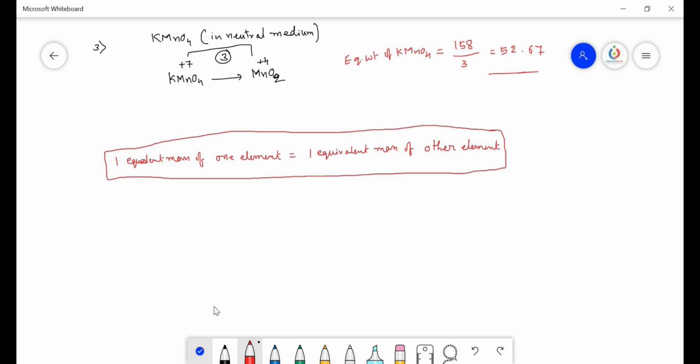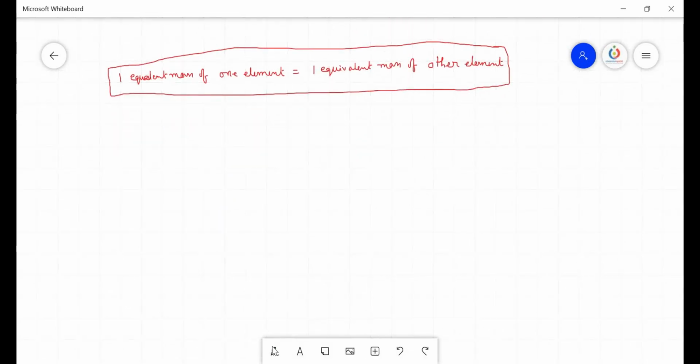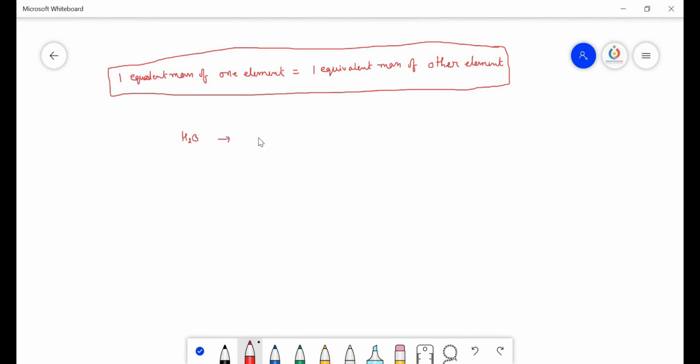Let us see what this means and how to understand this concept. We have already taken the H2O molecule in the earlier example, where 1 gram of hydrogen combines with 8 grams of oxygen. So here 1 gram is the equivalent mass of hydrogen and 8 grams is the equivalent mass of oxygen.